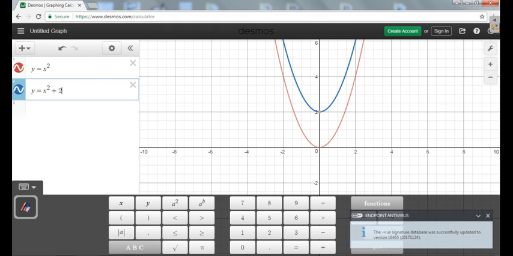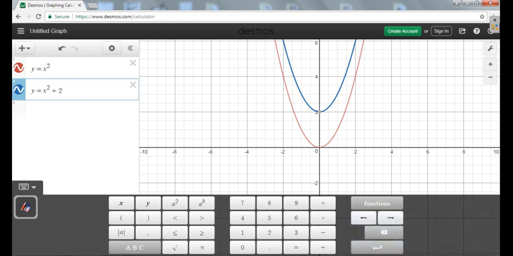Okay, so if I want to graph y equals x squared plus 4, what do you guys think is going to happen? Up more. It's going to go up more. So where would your vertex be? 0, 4. That's correct.